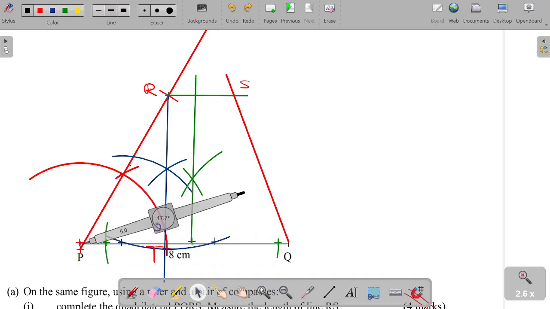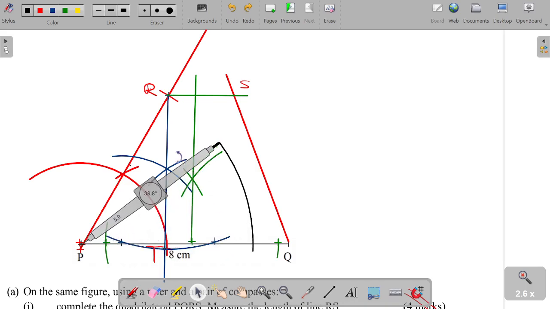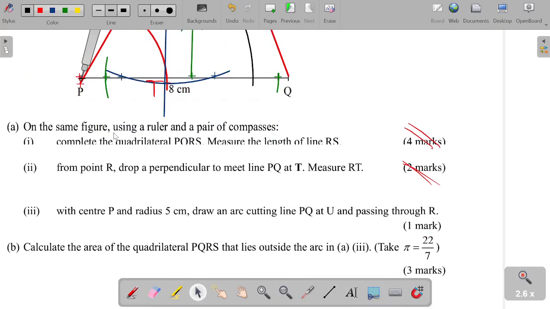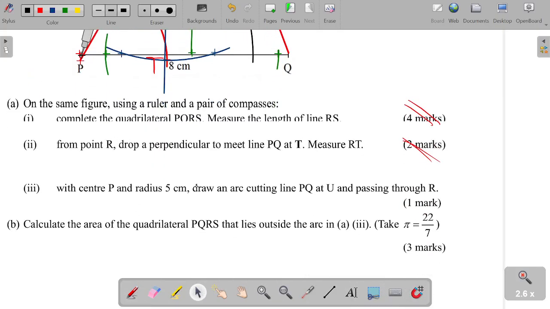Okay, I rotate. So it's going to be this way. It's cutting through R that way. After that, they are saying passing through R. I'm done with that drawing.